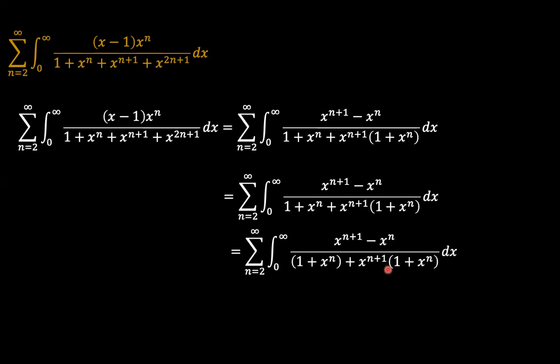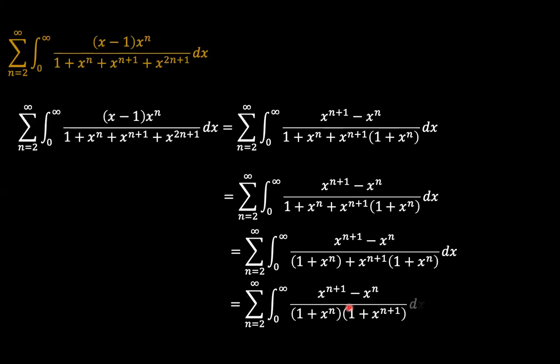And so what that means is that in the denominator, we have a hidden 1 plus x to the power n, multiplied by 1 plus x to the power n plus 1. Now, as you can see, this here is common with this, and then this is common with this. So we can use partial fractions to further simplify this expression.